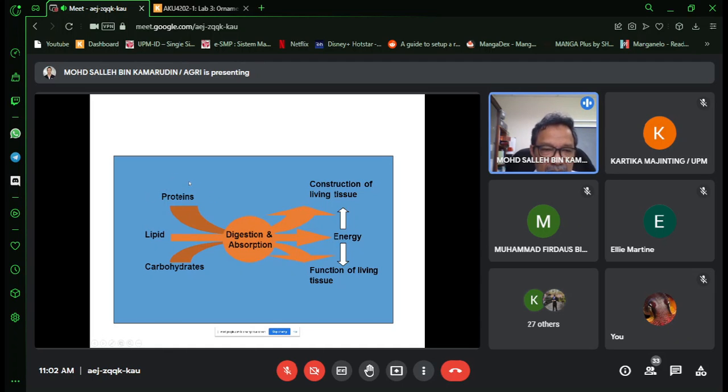Kita tak nak guna protein as energy. Kita nak gunakan daripada lipid dan karbohidrat so that protein will be used for construction of tissue dan sebagainya, for growth, ni yang penting. So lipid ini bila digest dan absorb, dia akan menjadi tenaga yang akan membantu kepada living tissue construction dan juga tenaga kepada function of living tissue, the function dan juga construction.